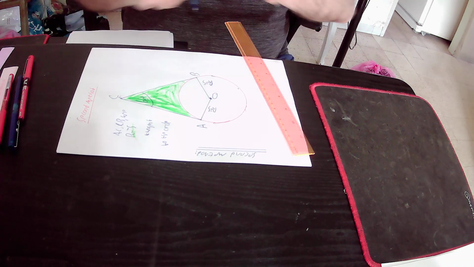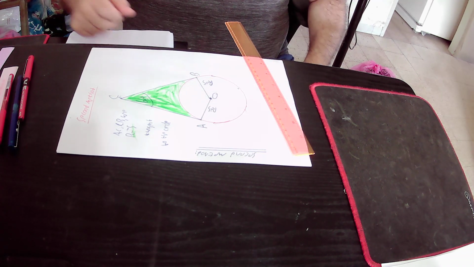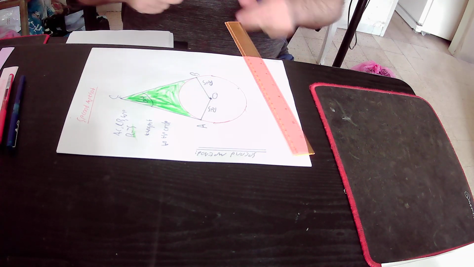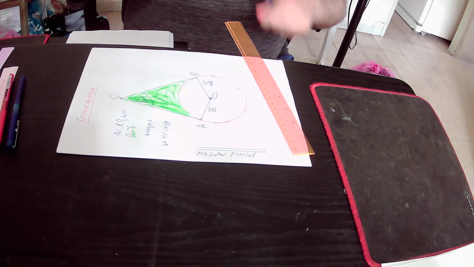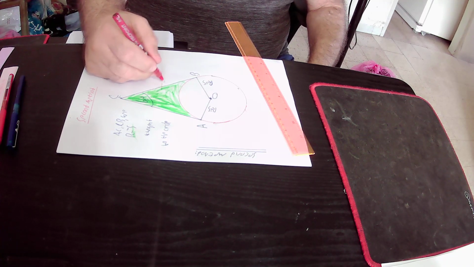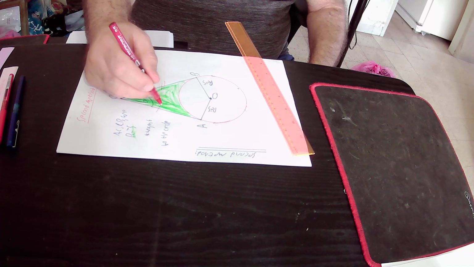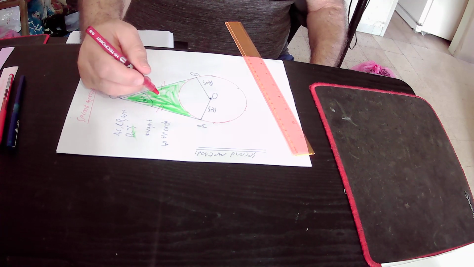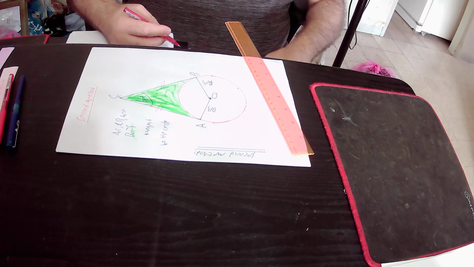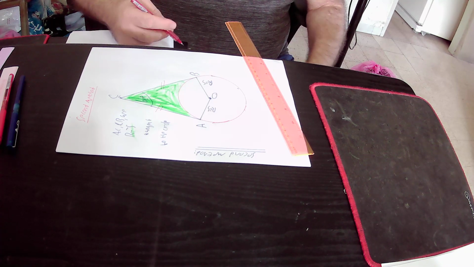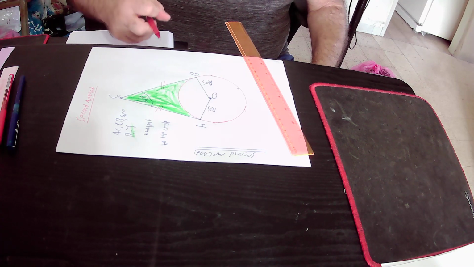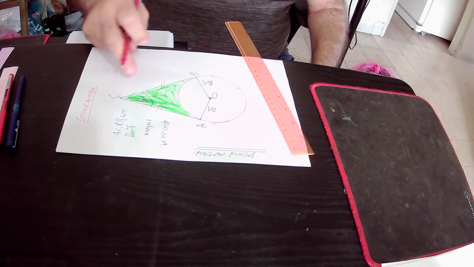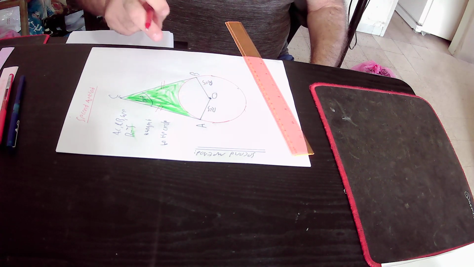And we also know that BC equals AC according to the two tangents theorem, that states that the lengths of two tangents from a common external point to a circle are equal.